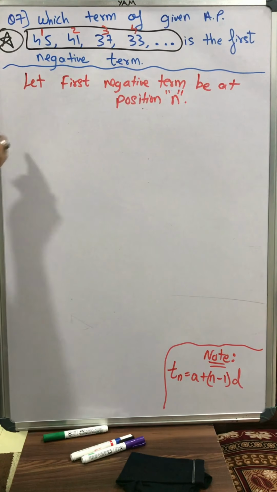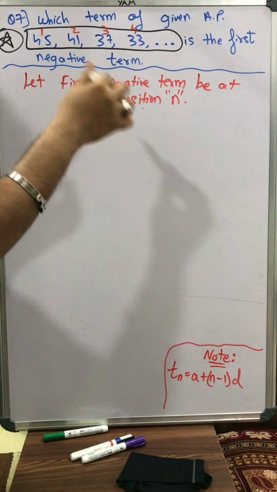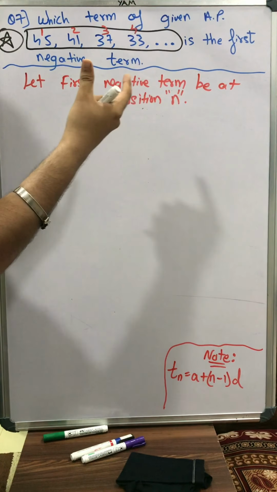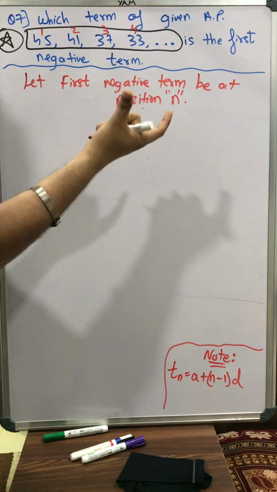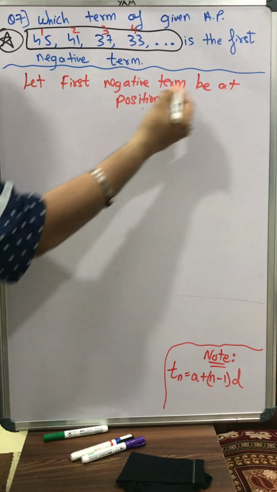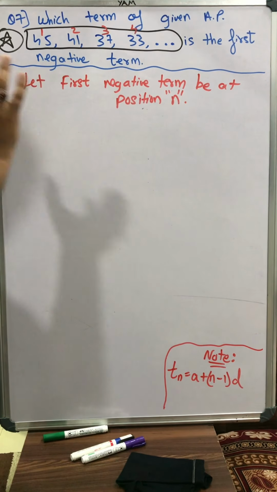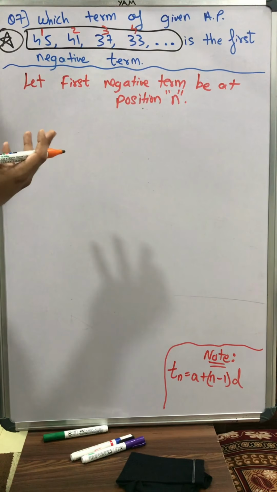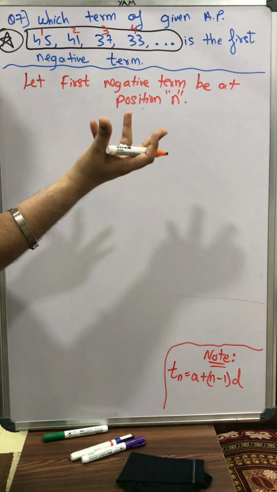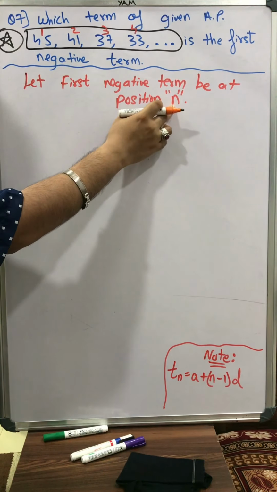As I told you, 30 will come at the 5th position, so one fine day I will get my negative number. I need to find at which position the first negative term is coming. Let the first negative term be at position n. Please understand what we have assumed: the first negative term, the term with a negative value, will be at position n.